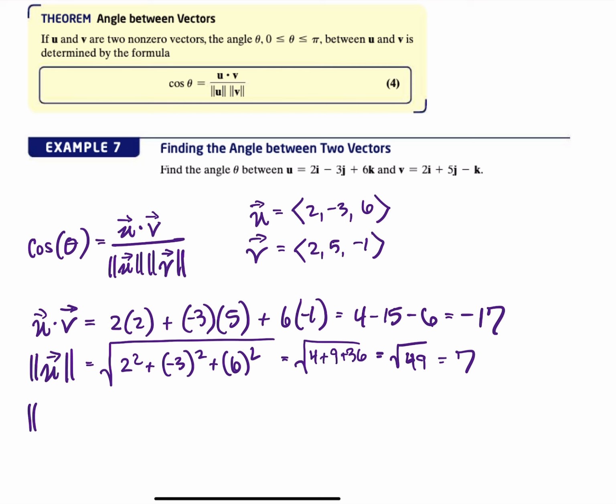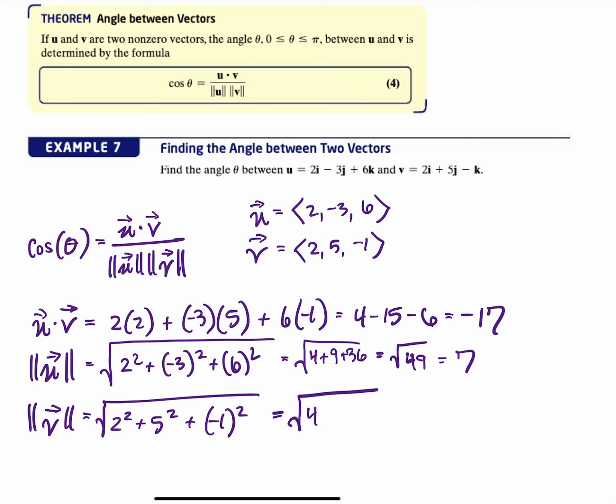And then the magnitude of v will be the square root of 2 squared plus 5 squared plus negative 1 squared. So that will give us 4 plus 25 plus 1, or the square root of 30.